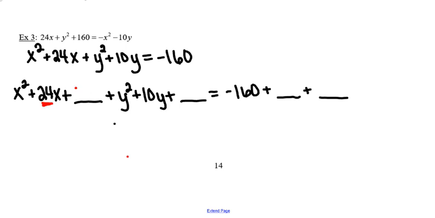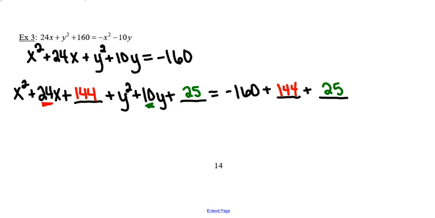Half of 24 is 12. Squaring it tells me I need to add 144 to both sides to complete the square for the x's. Half of 10 is 5. Squaring that tells me I have to add 25 to both sides to complete the square for the y's.